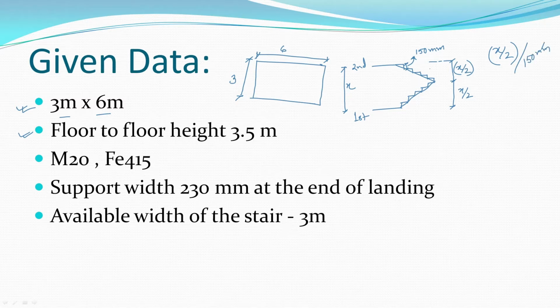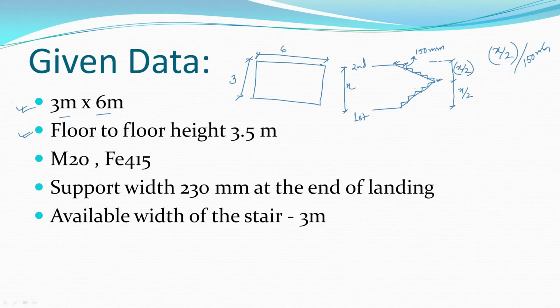Then we will get how many risers we need for the single flight, from this position to this position. Then we multiply that by 2 to get the total number of risers for both of these two flights.